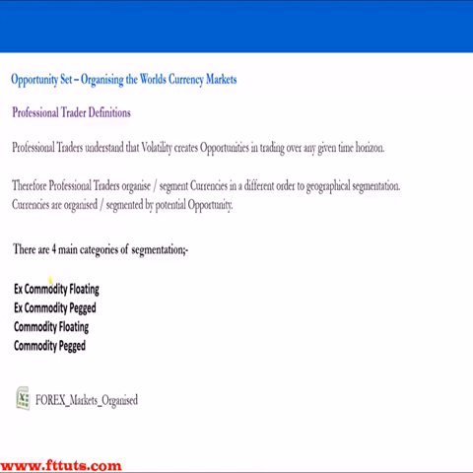The X commodity grouping here are currencies that are not dependent on 1 or 2 commodities in their exports. And these split up into floating and pegged regimes. Then we have the commodity floating and pegged, which are countries that are filtered by their dependency on 1 or 2 commodities and then by their regime.